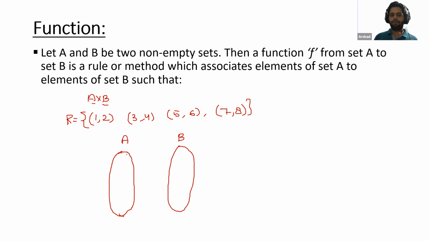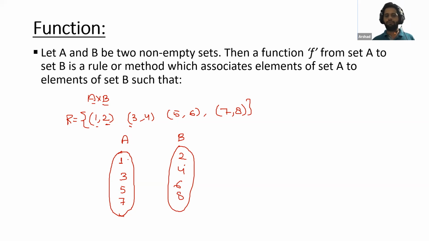In set A, we will write the values of A. So here the relation is 1, this. We know that the first element belongs to the first set, so we will write 1, 3, 5, and 7 here. The second values 2, 4, 6, and 8 go to the second set. Now in this form, we have related 1 with 2.